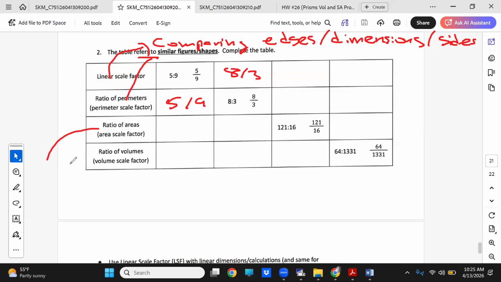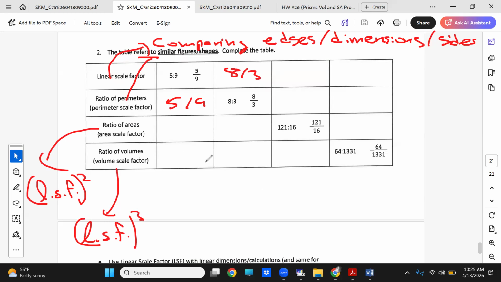Now the area, you're going to do the linear scale factor raised to what power? Yep. And the volume, you're going to do linear scale factor raised to what power? Yep. So that's 25 over 81, or 125 over, use a calculator, over 729. So what's going to be true for the second column?